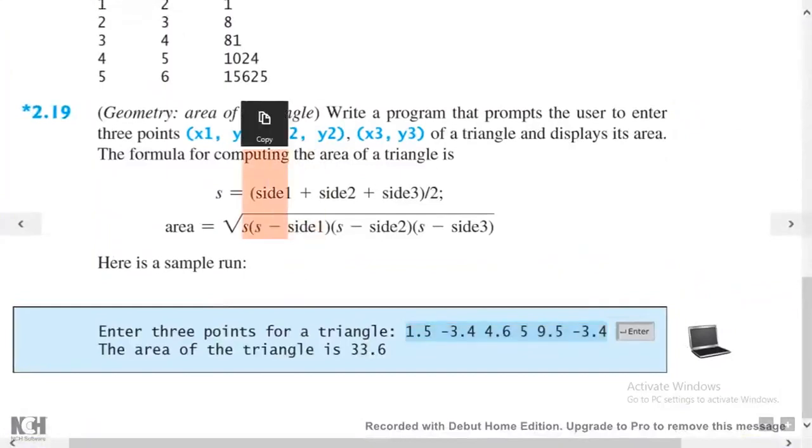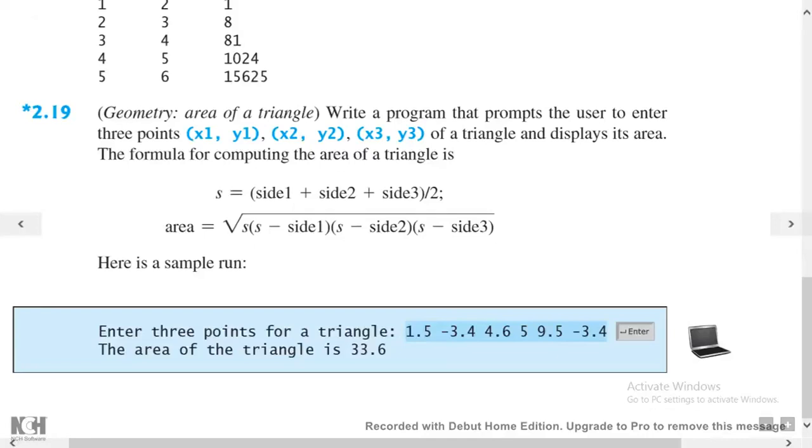Like if we decided not to have s, then we would have a square root of side 1 plus side 2 plus side 3 all over 2 multiplied by s minus side 1, and multiplied by a. I hope you see what I'm trying to say here.